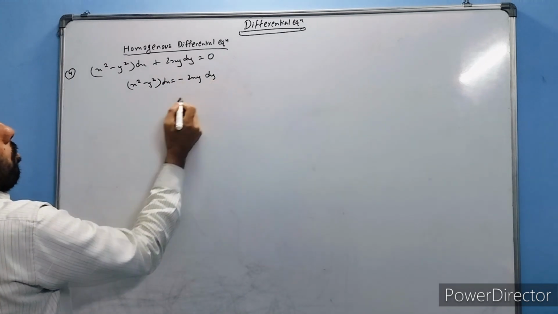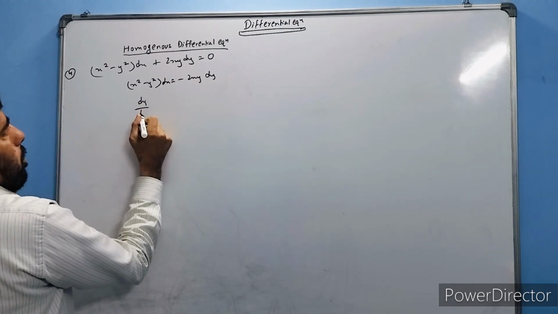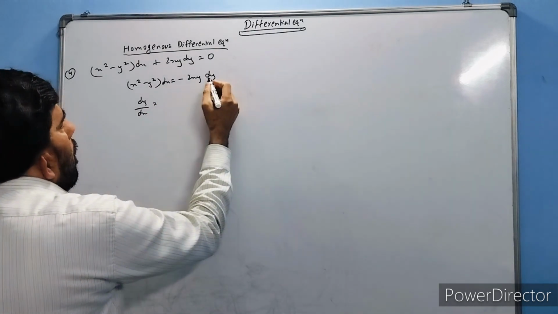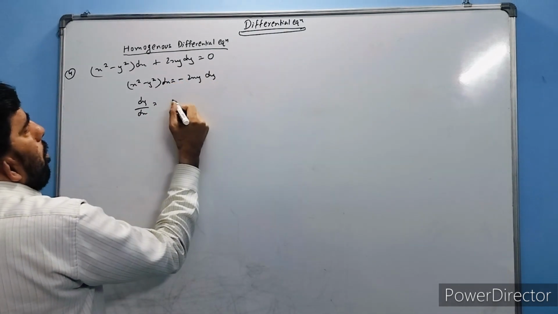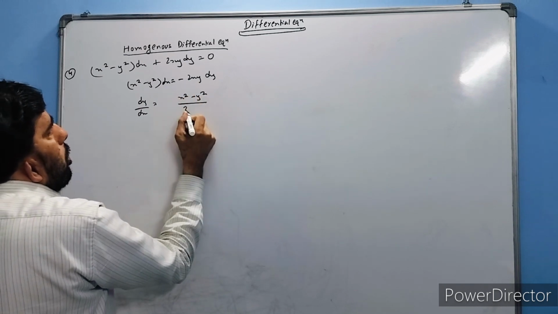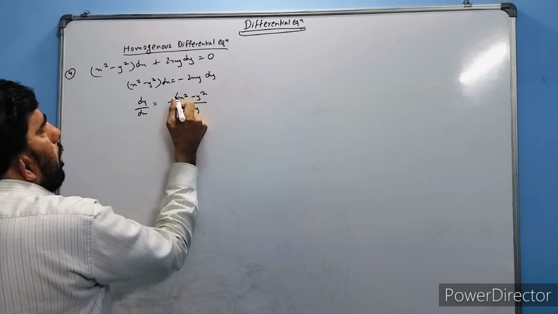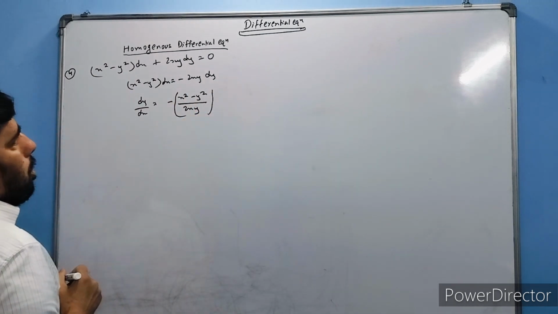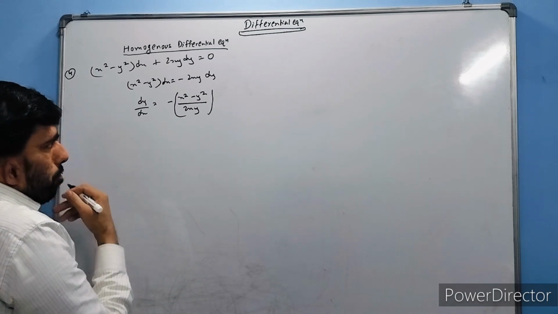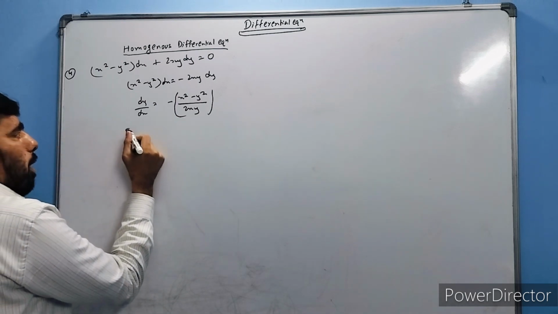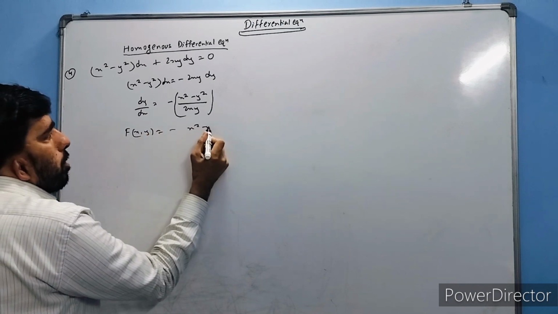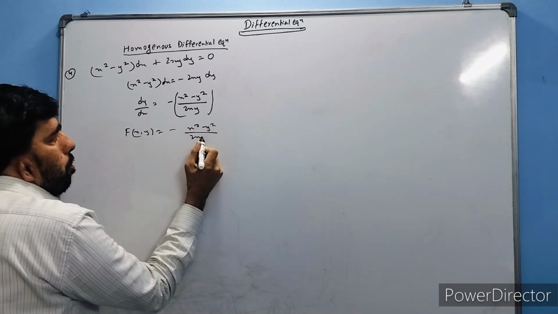So what we can do here, dy upon dx is equal to, so it will be x square minus y square upon 2xy, taking the minus sign. Okay, I have taken this on that side. So now we'll say that this is minus x square minus y square upon 2xy.